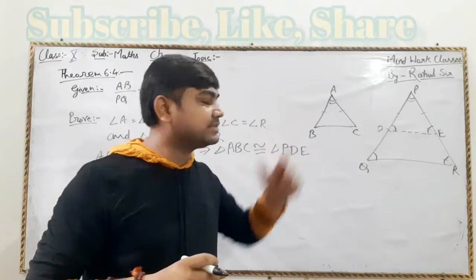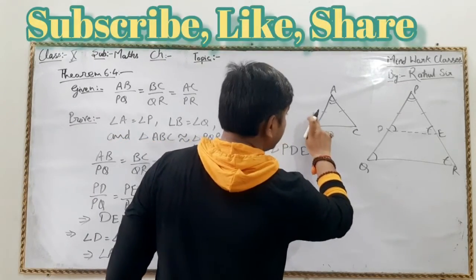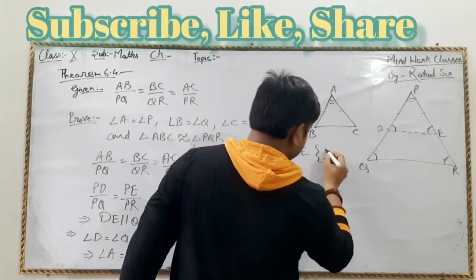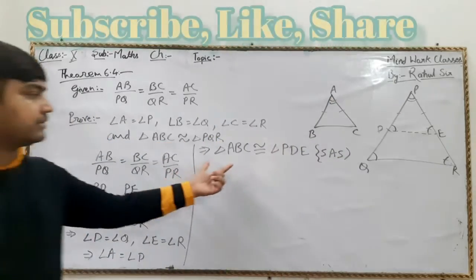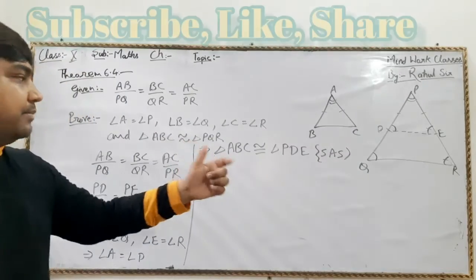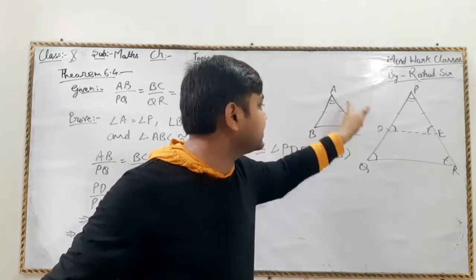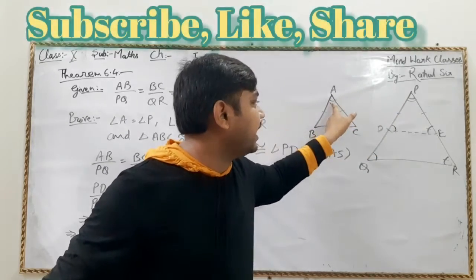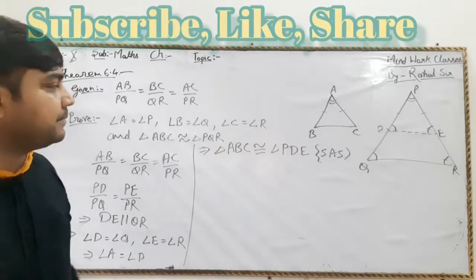By which condition? By SAS. The whole process about this I have already explained in the previous theorem: AB is equal to PD, AC is equal to PE, and angle A is equal to angle P, which implies that these two triangles are congruent.